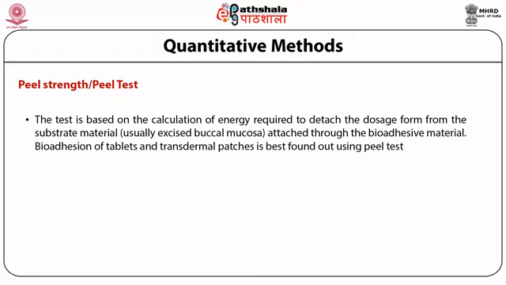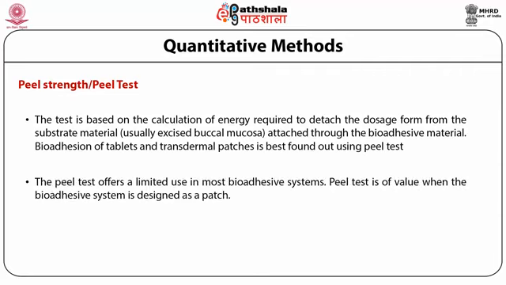The bioadhesion or mucoadhesion of tablets and transdermal patches is best found out using the peel test. The peel test offers limited use in most mucoadhesive systems. The peel test is of value when the bioadhesive or mucoadhesive system is designed as a patch.